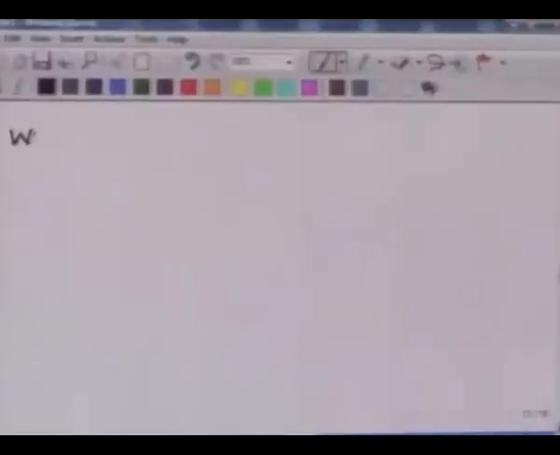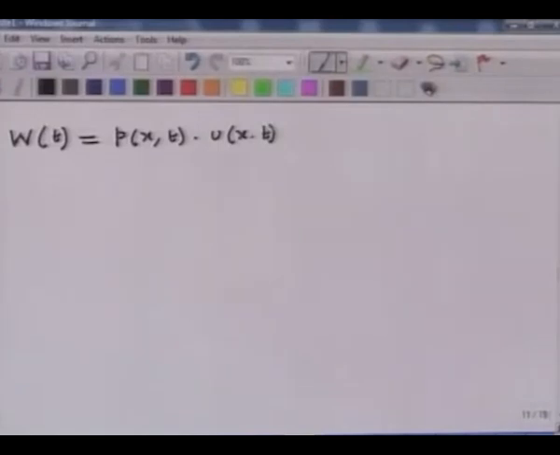So acoustic power, in common language, is essentially instantaneous power per unit area. Let's call that W, acoustic power. It is basically a dot product of pressure at a given point in time times velocity.